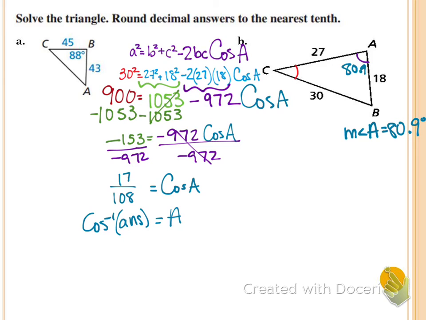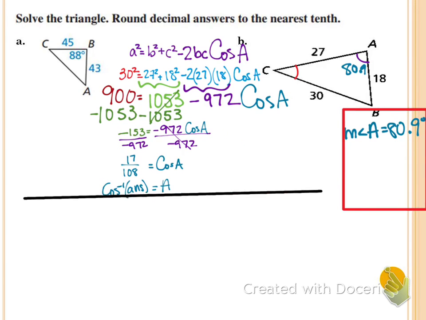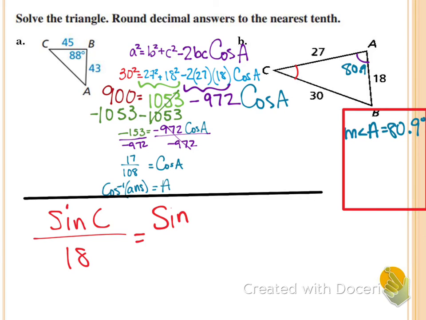So C, again, we have a known pair, so we're going to use law of sines. So I'm going to give myself some room. So sine of angle C, what will I put in the denominator? 18 will equal sine. We found A to be 80.9. And then side A is 30.